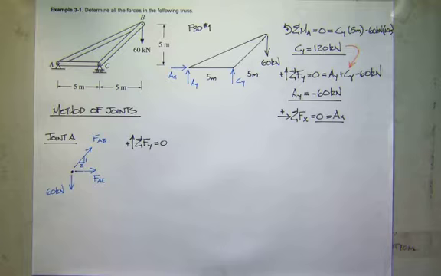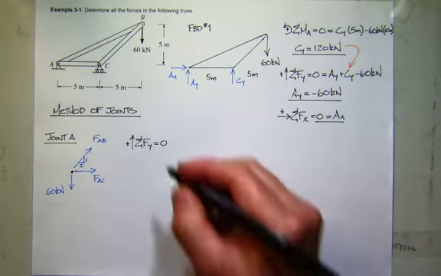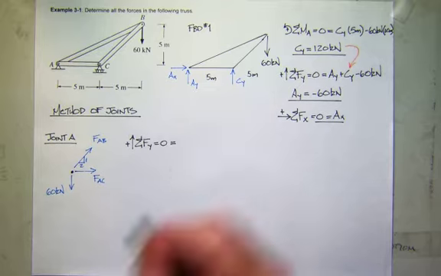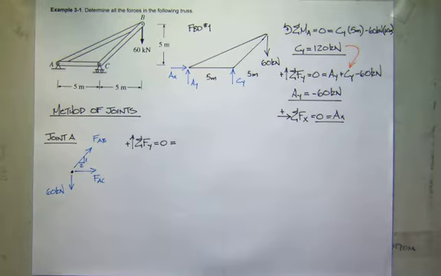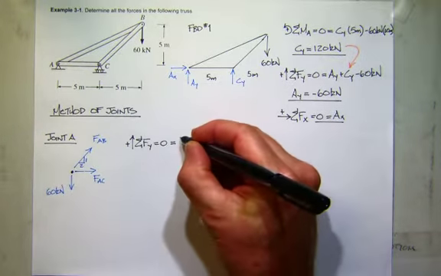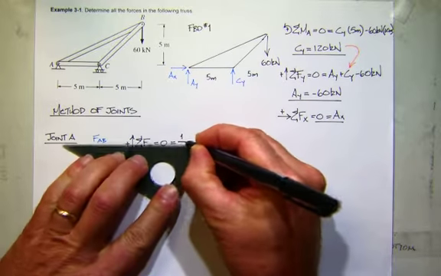So Mr. Bell, what is the sum of the forces in the y direction? What's the y component of AB? 1 over the square root of 5 times the force. That's right, 1 over the square root of 5.